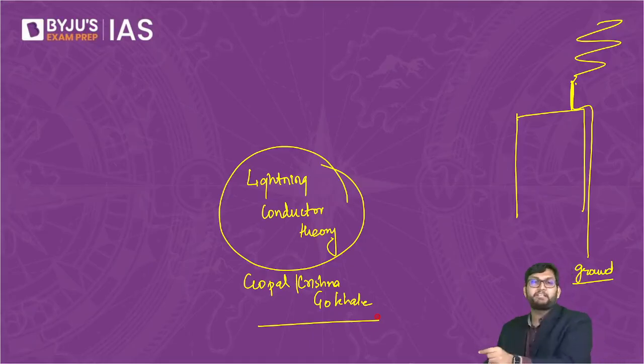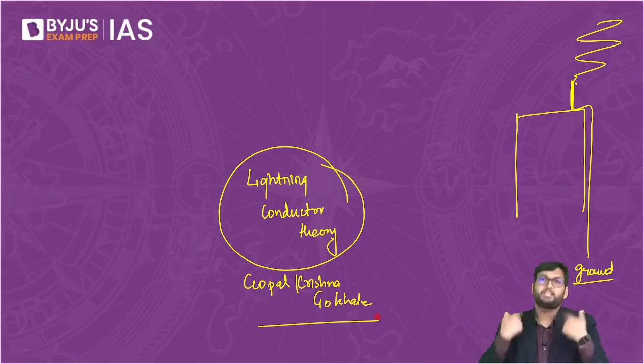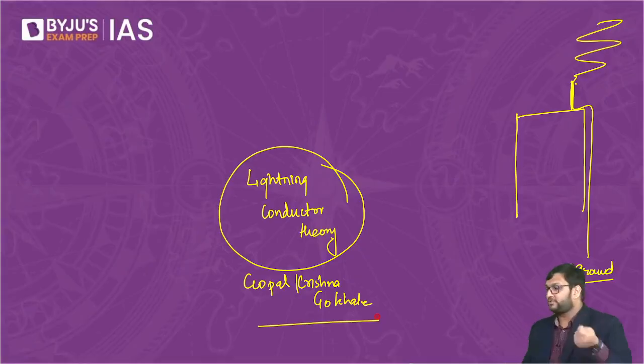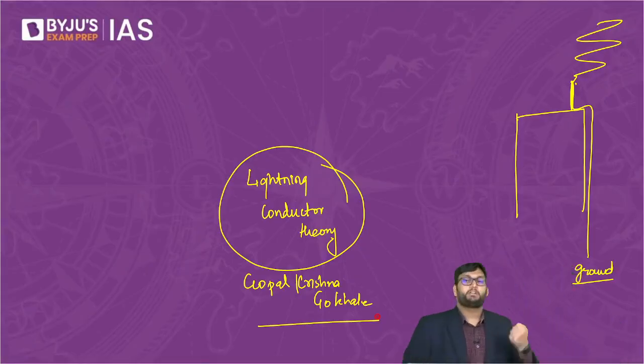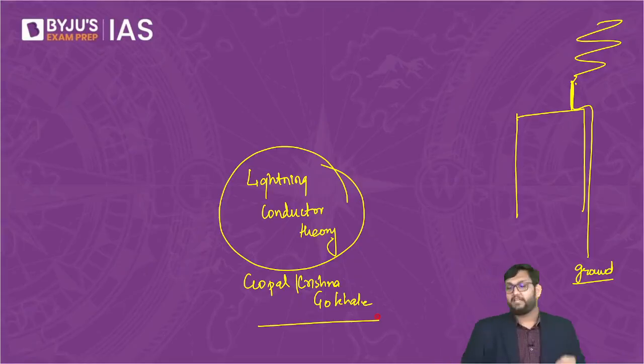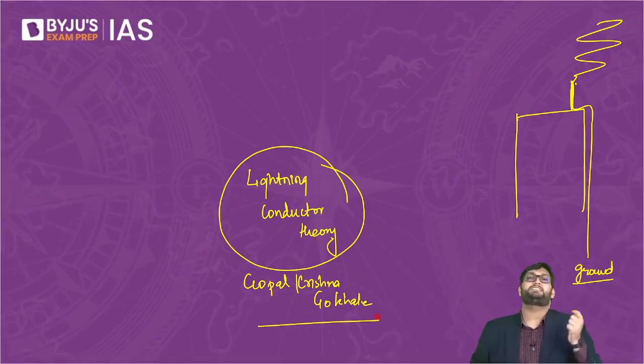Wedderburn and the British demean the INC by saying, we created you. Gokhale says, okay, you created us. No, you did not use us, we used you. Hume was the puppet in our hands, which was necessary to create a body which was pan-Indian. Only because Hume was there, you allowed us to exist without disbanding us.